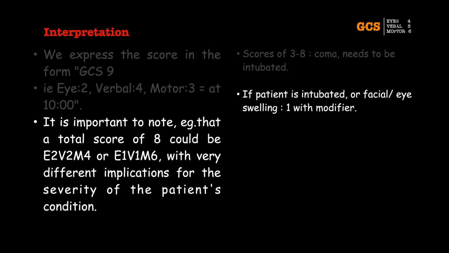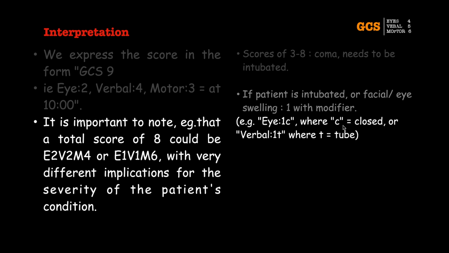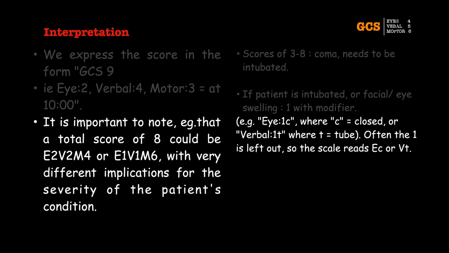And so in such a case, we write the score by writing 1 with a modifier. This is what I mean. For example, for eye opening, we may have 1C, where C means the eyes are closed, or for verbal, we write 1T, where T indicates that there is a tube in situ.